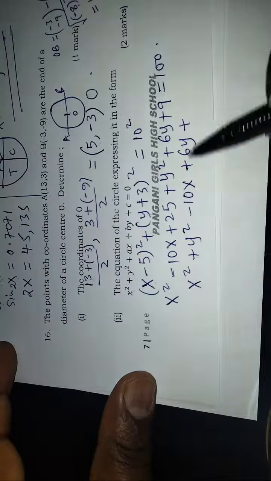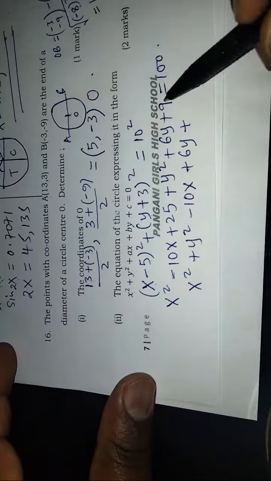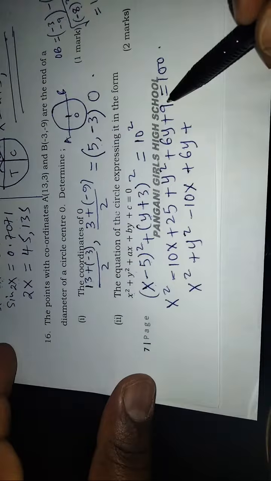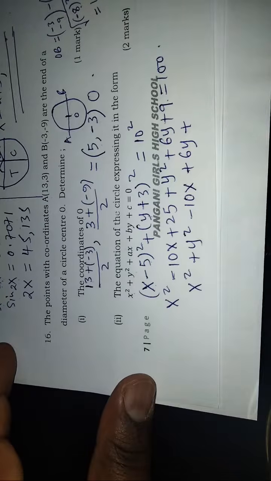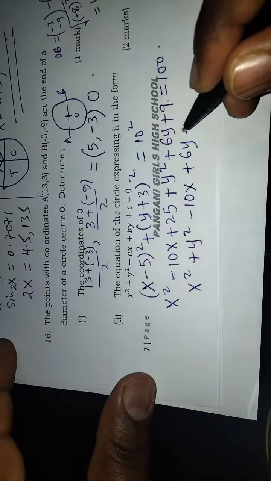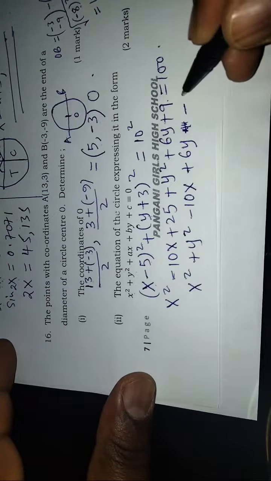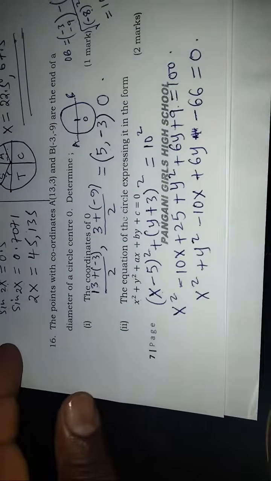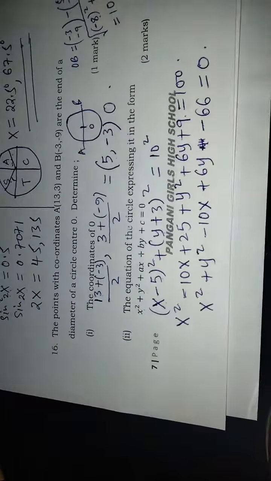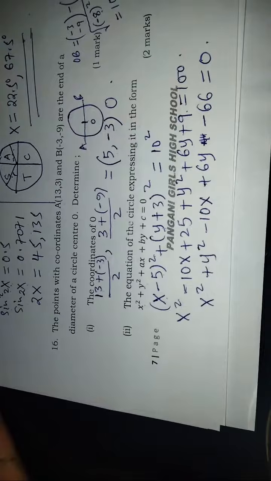Remember, we have 25 and 9 giving us 34. Then we bring 100 to this side, so 34 minus 100 gives us -66. So we have -66, and we remain with 0 on the other side. That is the equation of the circle in the desired format.